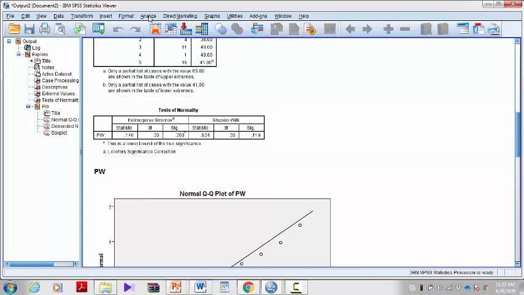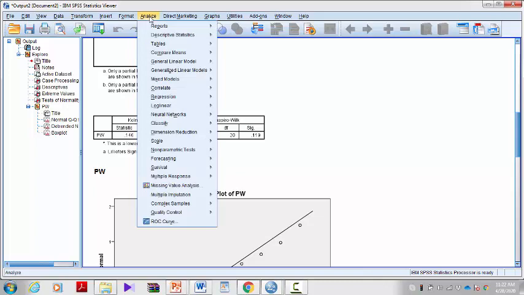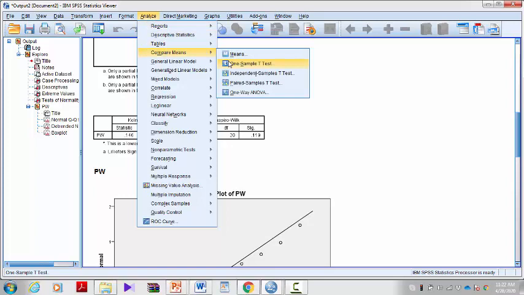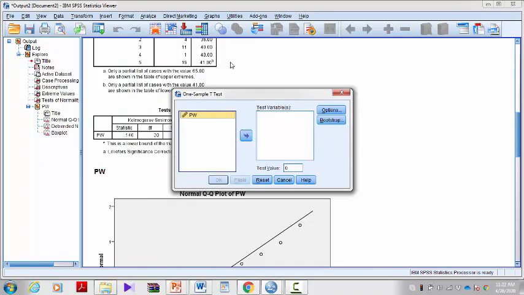In order to run the one sample t-test, I will go once again to the Analyze menu, Compare Means, One Sample T-Test. I will enter the product weight as my test variable in the test variable box, along with the test value, which is 50 kilogram. I want to check the average weight of the sample units against my population mean, which is the standard value of 50 kilogram.